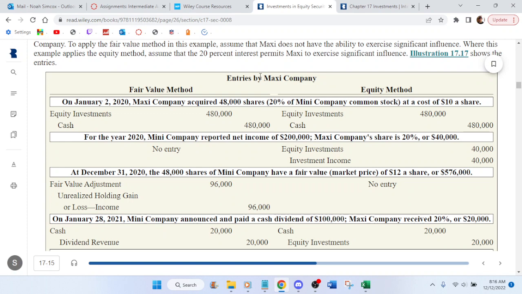And if there's a change in fair value, if it's fair value method, you show the change in fair value. And if it's cash dividends, with the fair value method it's cash dividend revenue, and with the equity method it's cash and equity investments.